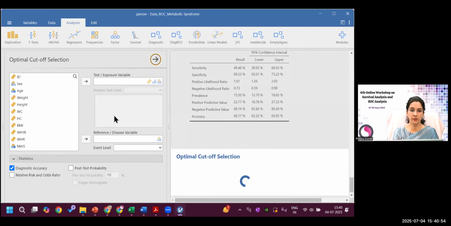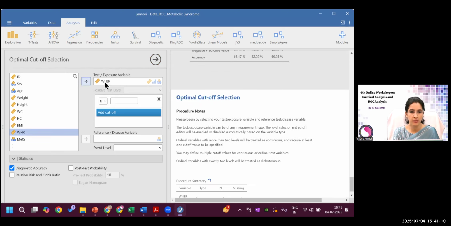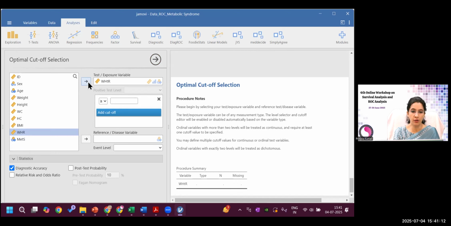And here you can see if I decide for this 22.065, which is my test or exposure variable. My test or exposure variable is BMI, sorry, not waist hip ratio.